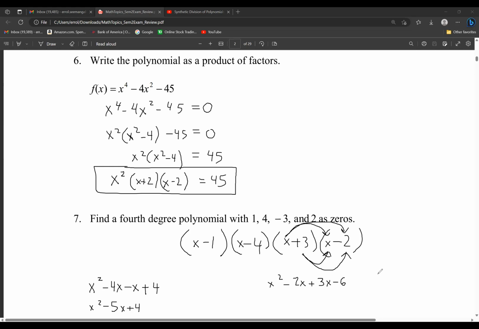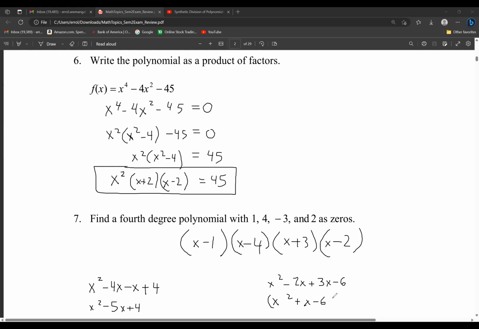Negative 6, right? All right, now clean up that middle term. Simplify those two middle terms. What's -2 plus 3? Positive 1, right? So clean up this middle term: x squared plus x minus 6.